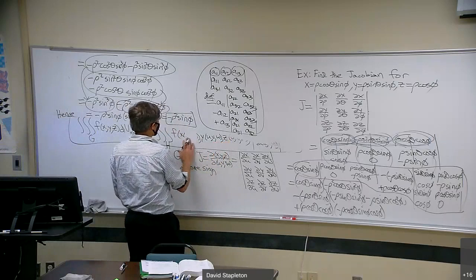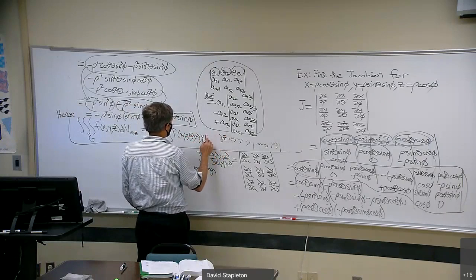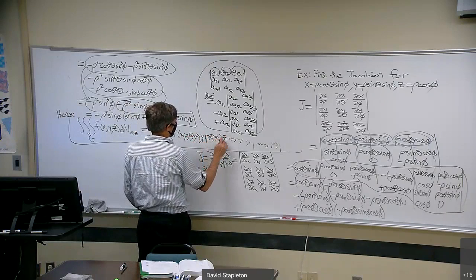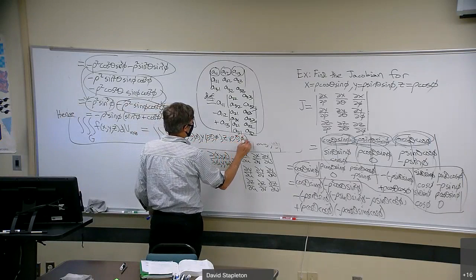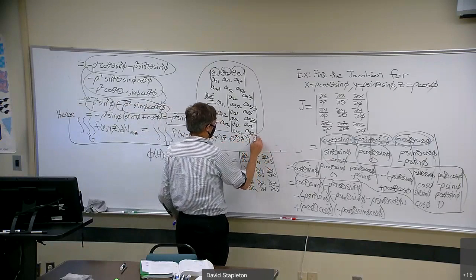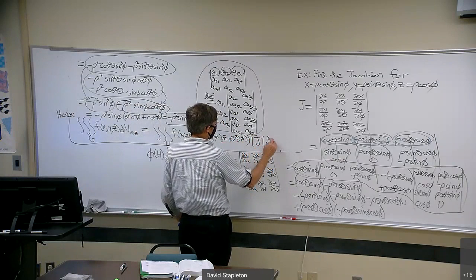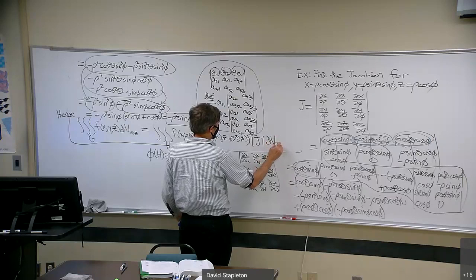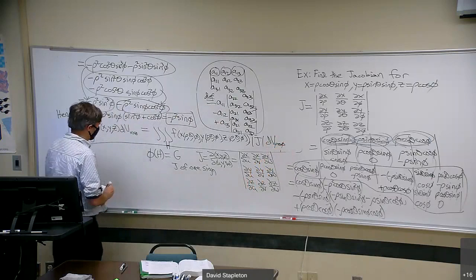If I put it in terms of rho theta phi for UVW, as this Jacobian, as the Jacobian we just did there, J, absolute value, dV rho theta phi. So there's our transformation law to go to spherical coordinates.